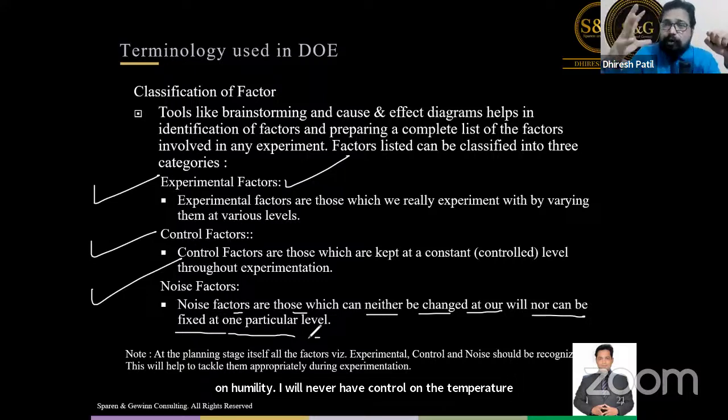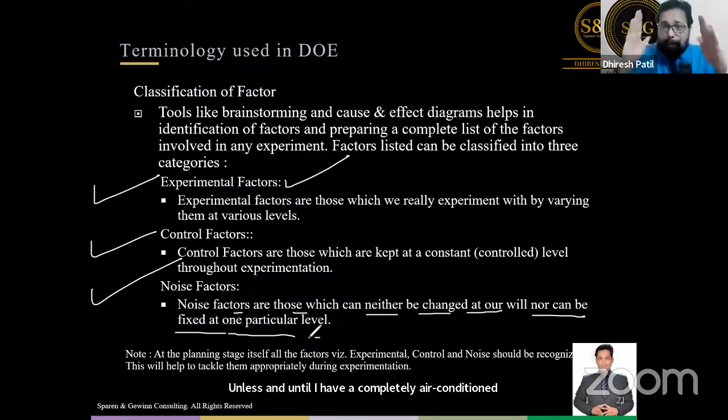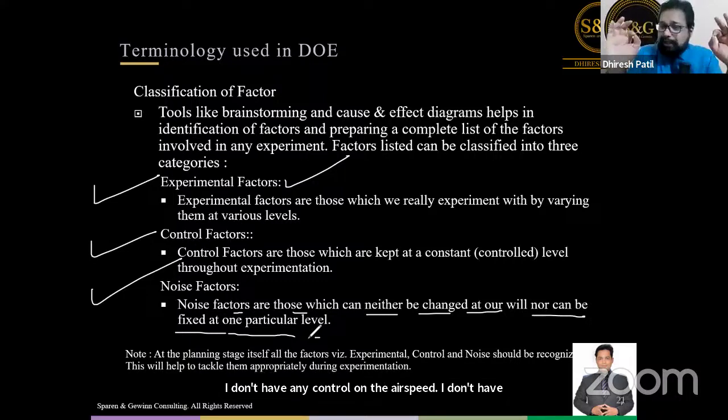I will never have control on the wind speed. The wind that is blowing, I have no control over it. Unless I have a completely air conditioned room and I can change the fan speed. But if it's an open space, I don't have any control on the dust, the air speed, the temperature, humidity. Are you clear? Those are called noise factors.